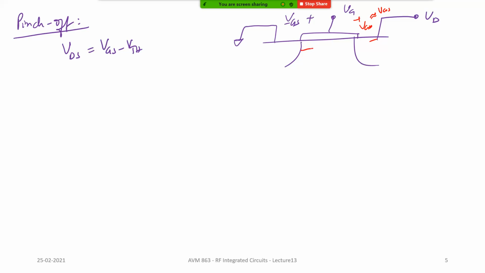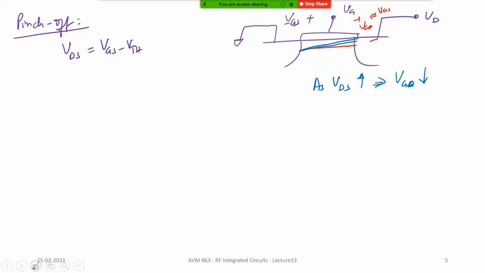So the channel that is formed is pretty much like this. Now as VD or VDS increases, what happens? VGD decreases, right? So now the channel starts moving like this. The channel starts funneling out at the drain end. At the source end, it is the same.